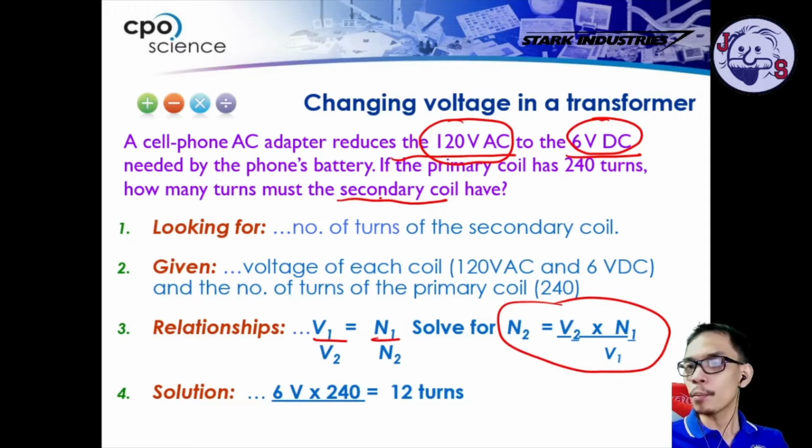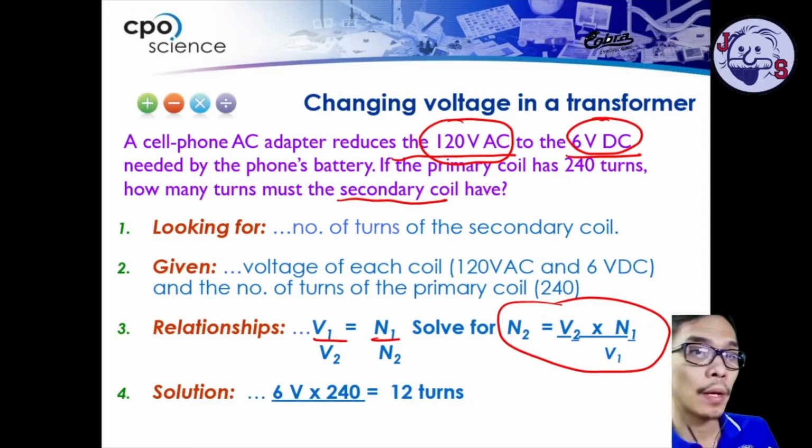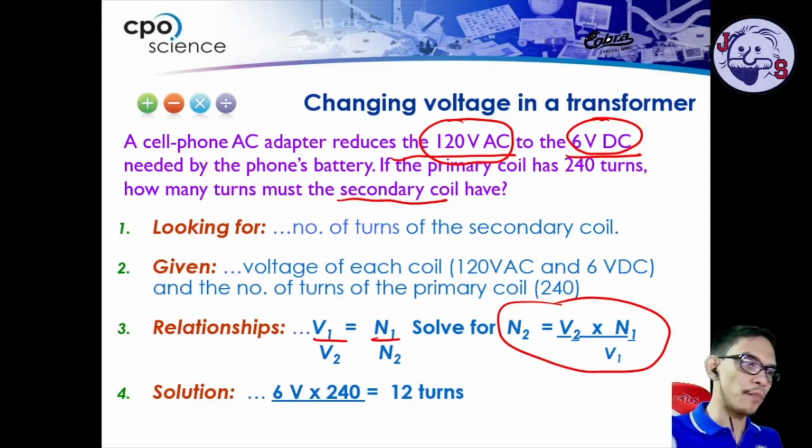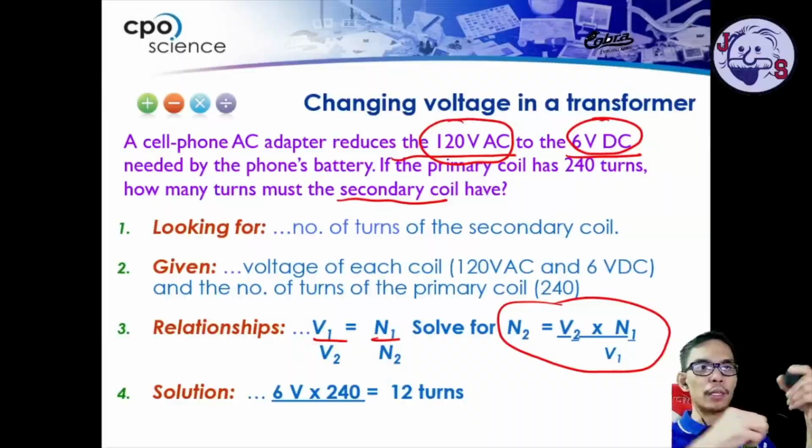Alright, so by the way, before we go to more sample problems, let me show this one to you first. In your cell phone chargers, there are things that are written there, like the one that you have right here. I hope my camera will focus on this one.